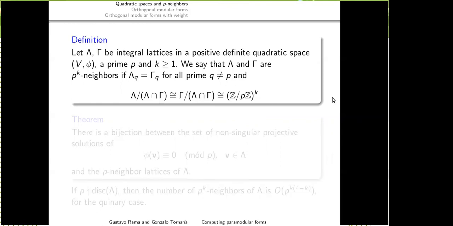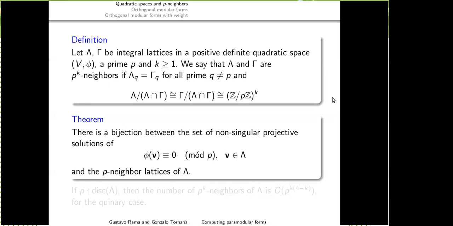Well, a method to compute all the p^1 neighbors is using the theorem which says that there is a bijection between the set of non-singular projective solutions of phi of x congruent to 0 mod p and the p-neighbor lattices of lambda.